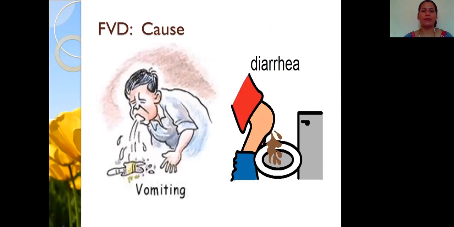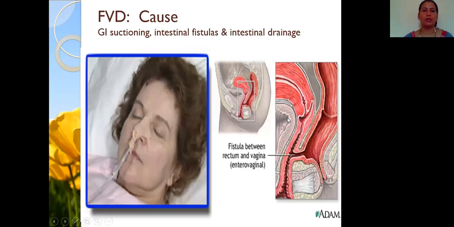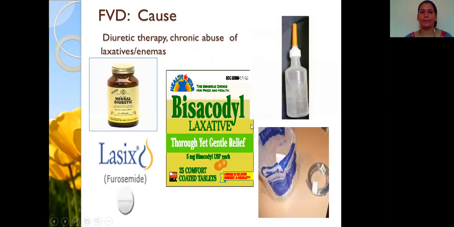We can see here in the figure as well, a patient is vomiting, diarrhea, these are also the causes. And here we come, GI suctioning, interstitial fluid, and intestinal drainage. Similarly, diuretic therapy, chronic abuse of laxatives and enemas, these also can cause hypovolemia.